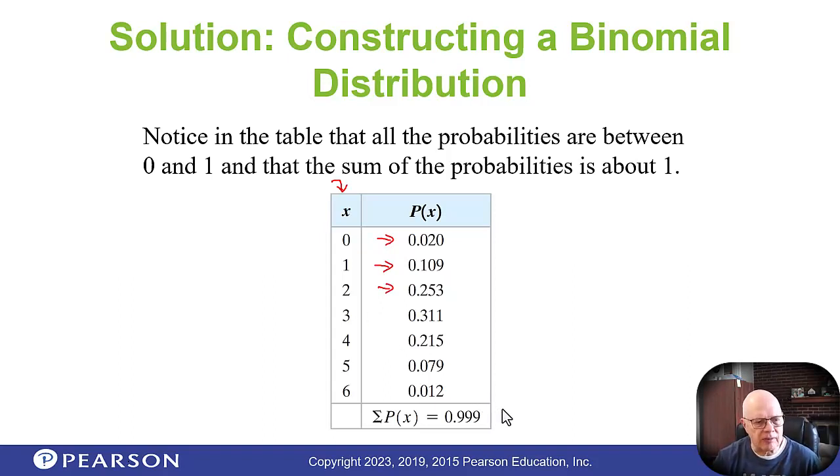Notice also, we've learned in the past that for a probability distribution, we talked about this last time, we should get a 1 there. Why isn't it a 1? Well, the reason is because all of these are rounded.